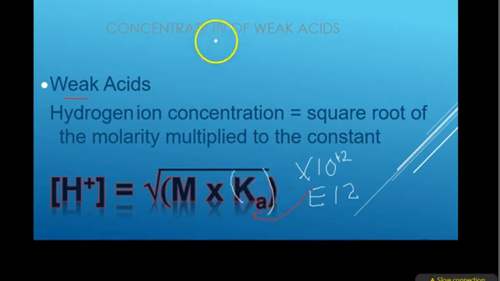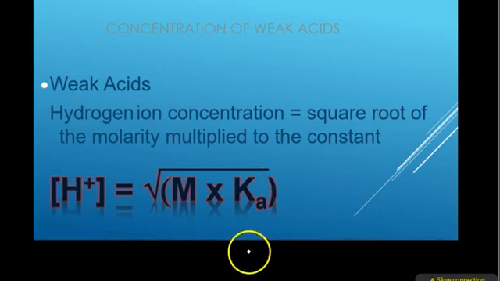So you would have to open parentheses, molarity times, open parentheses, your Ka value, close parentheses, close parentheses. And all of that is under the square root. Okay, so all of that under the radical.